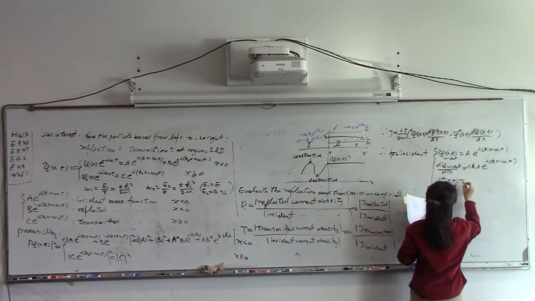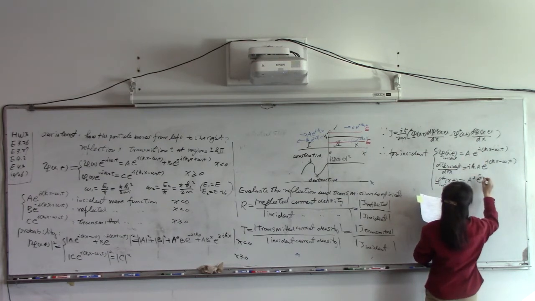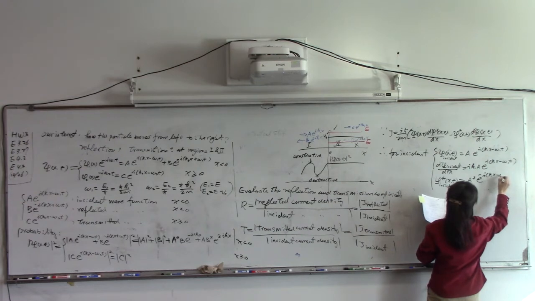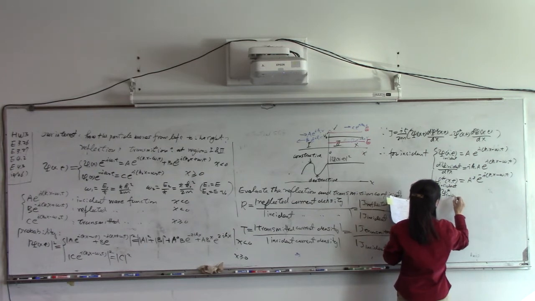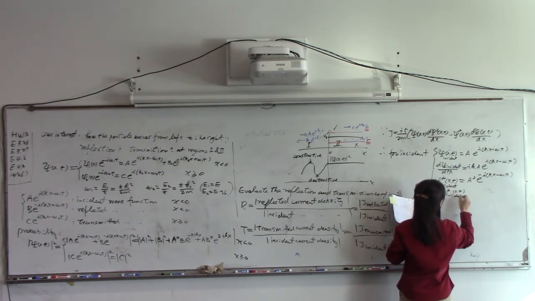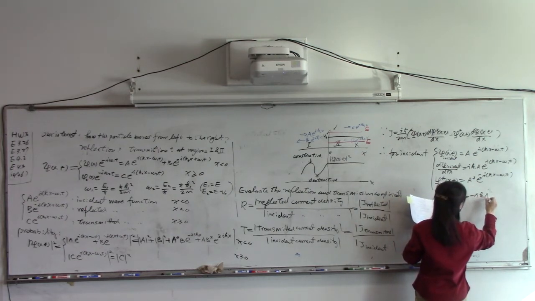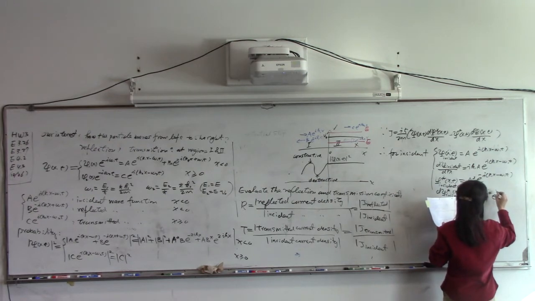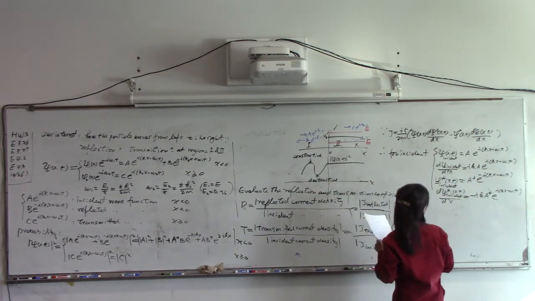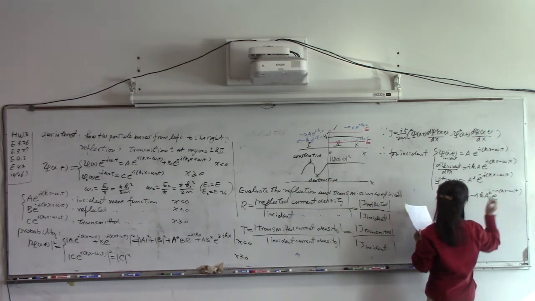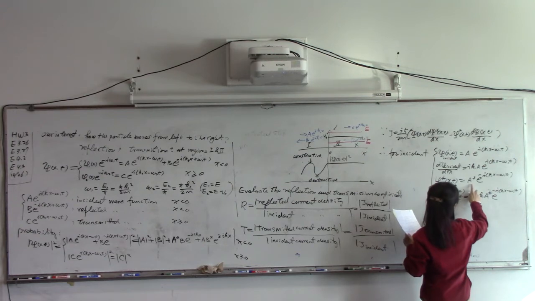For this one you just take the complex conjugate of A, and the exponent becomes minus i k1 x minus omega t. Then the derivative of this with respect to x is minus i k1 A star exponential minus i k1 x minus omega t. Wait a moment, yes, this is right, just do the derivative.